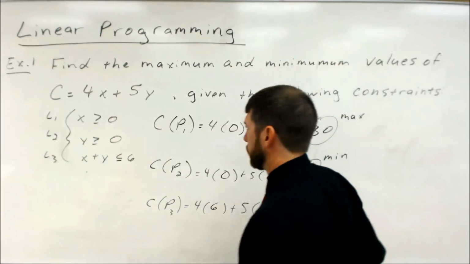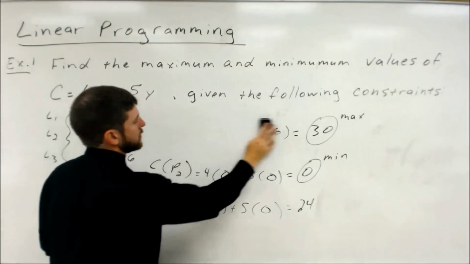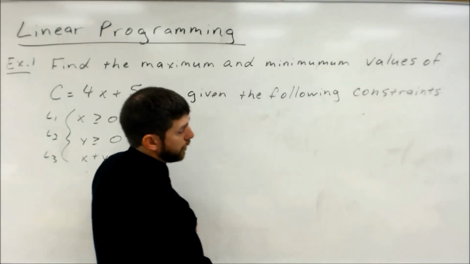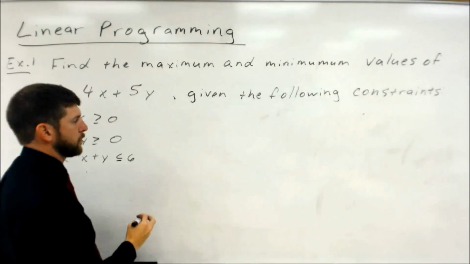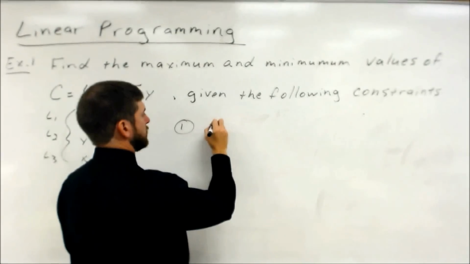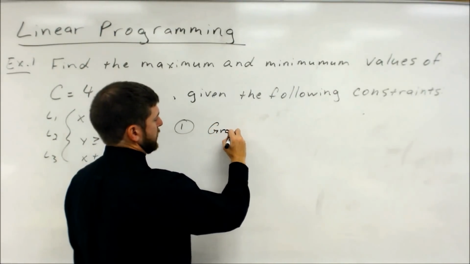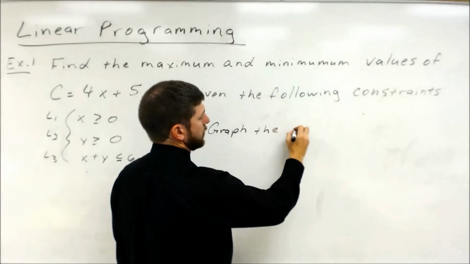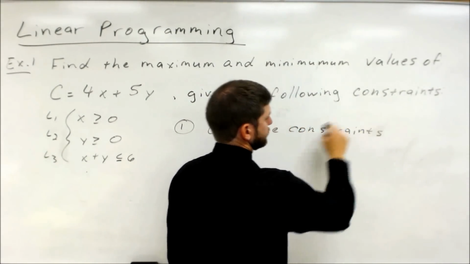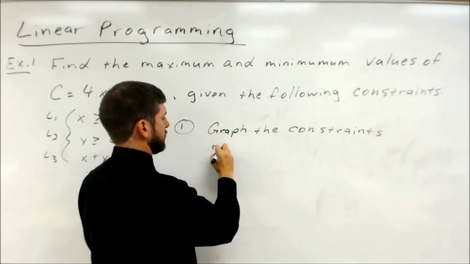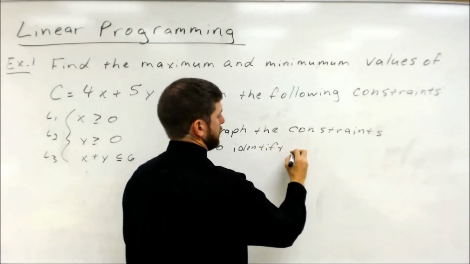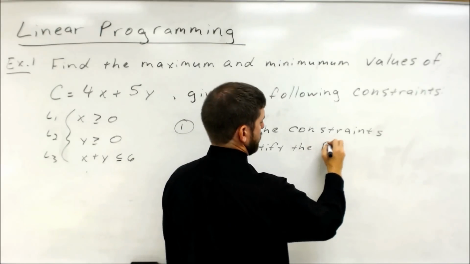So let's kind of recap and write out our steps for solving a linear programming problem. So step 1 is graph the constraints to identify the feasible region.